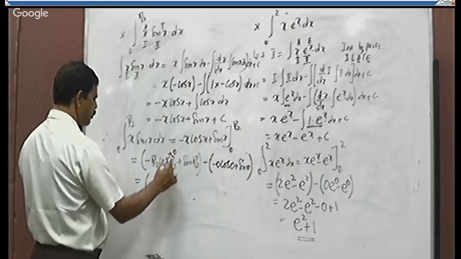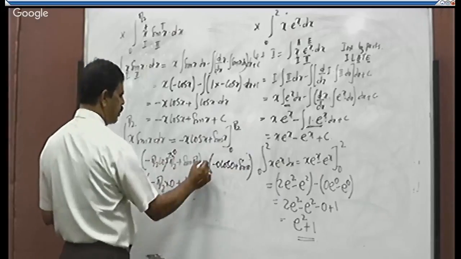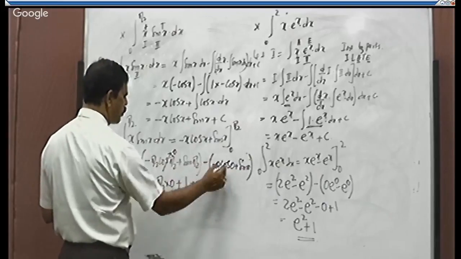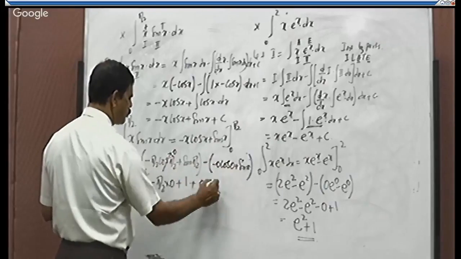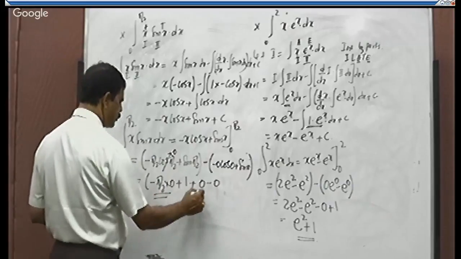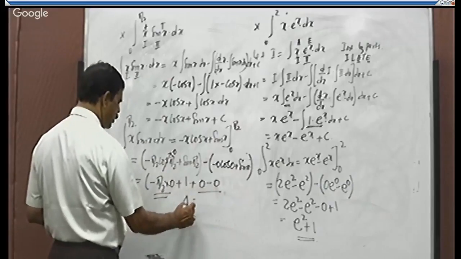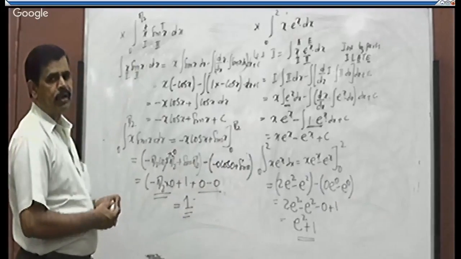Cos 90 is equal to 0. 0 plus sin 90 is equal to 1. Minus into minus plus 0 into anything is 0. Minus into plus minus sin 0 is 0. So what is remaining? This whole thing is 0. Only thing is the answer is 1. Answer is what? It is 1.